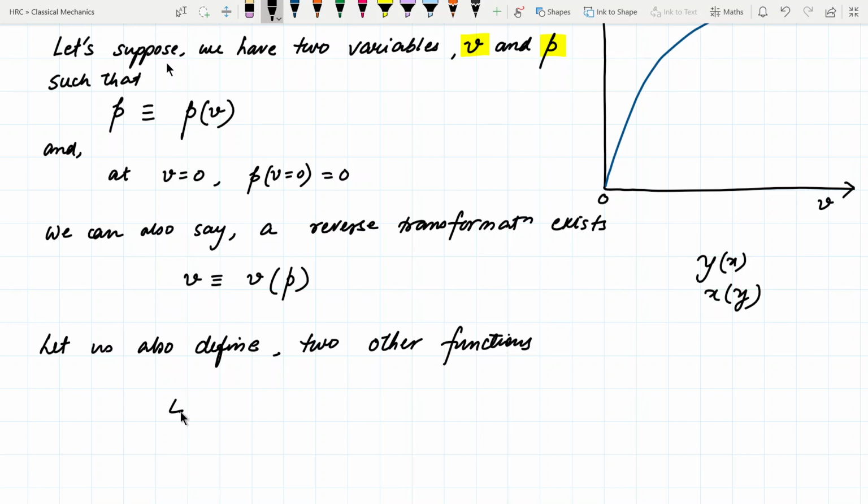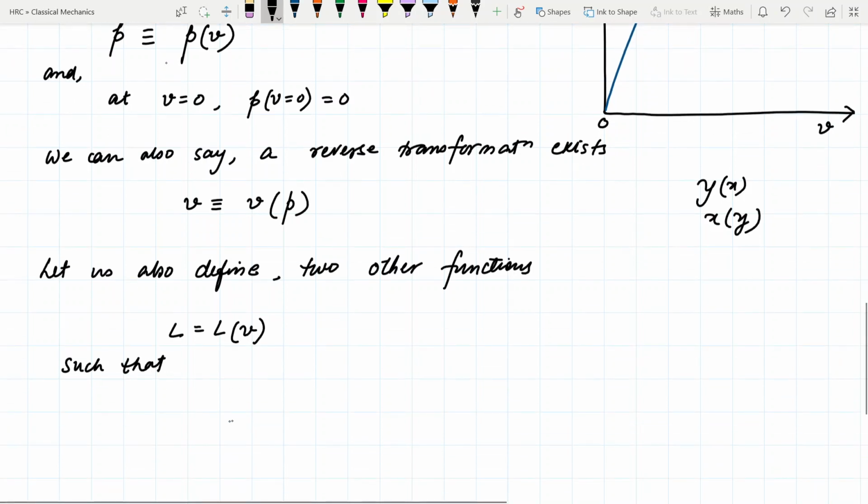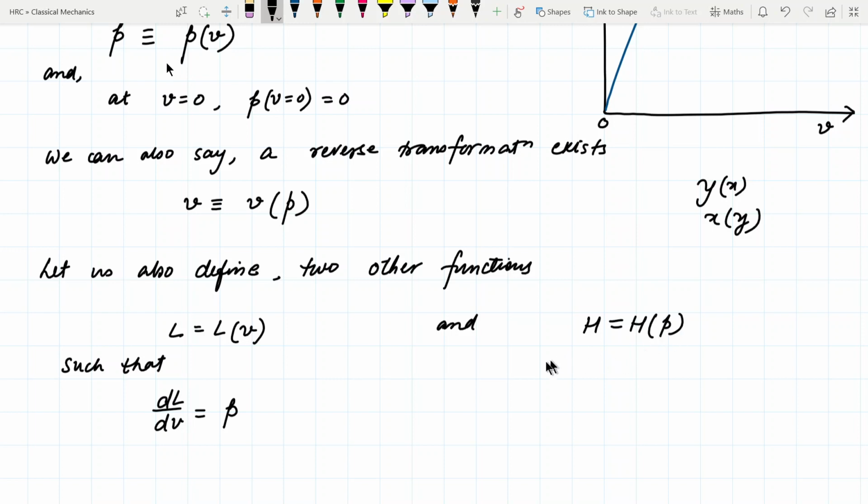Let's suppose L. Okay, so L is a function of, let's suppose, V, such that the derivative of L with respect to V gives you P. Okay, and let us also define a function h, which is a function of P, such that the derivative of h with respect to P is equal to V. Okay, I am defining it in such a manner.